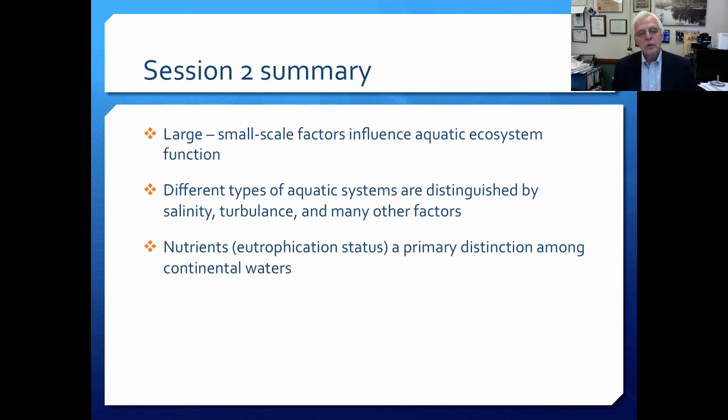Nutrients, and that is its eutrophication status, we will find is a primary distinction among the continental waters, or the waters found on the surface of the continents. That would be the inland lakes, streams, rivers, ponds, and wetlands.